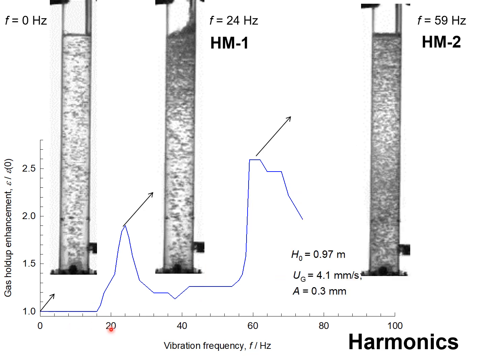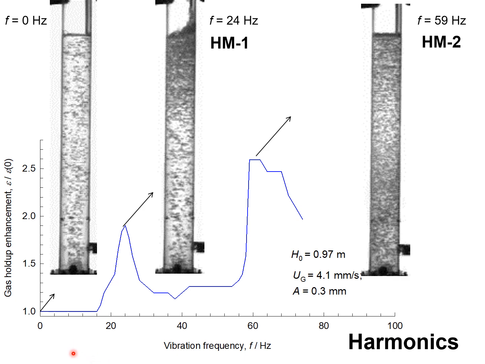Let's first examine the set of experiments that were carried out for a liquid height of 0.97 meters. The superficial gas velocity is maintained constant at 4.1 millimeters per second. The vibration amplitude is 0.3 millimeters. The gas holdup enhancement with respect to the unvibrated column is plotted as a function of the vibration frequency.